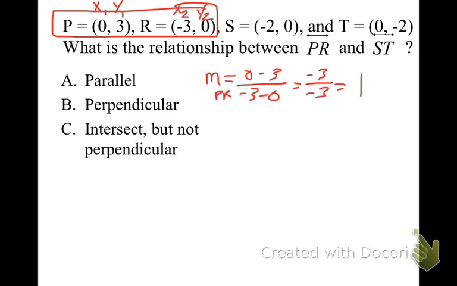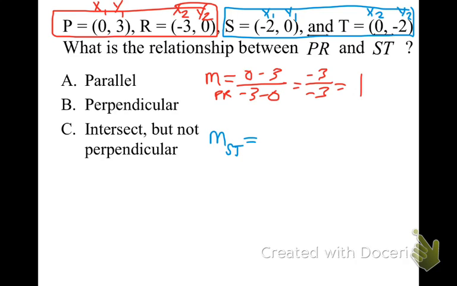Do the same thing now for S and T. So here's my x1, y1, x2, y2, so slope of ST is -2 minus 0 over 0 minus -2.